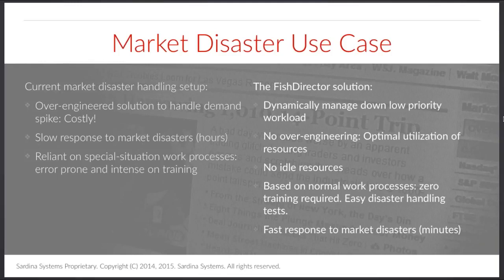And when disaster happens, the response is typically in the range of hours. Again, similar to the DR situation, you're also relying on special situation work processes, which are again error-prone and intense on training.